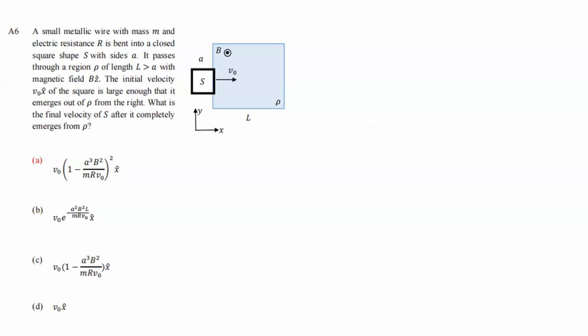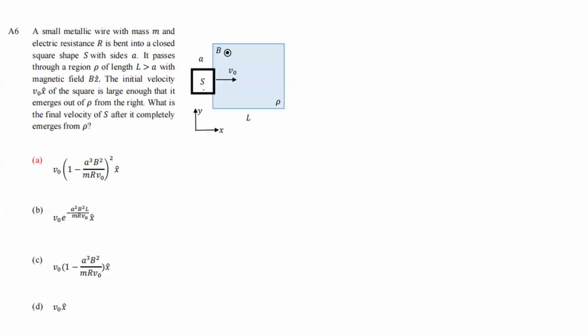The question especially asks us the final velocity after emerging, that is the net deceleration effect of the traversal. So the kinetic energy loss is equal to the energy dissipated.